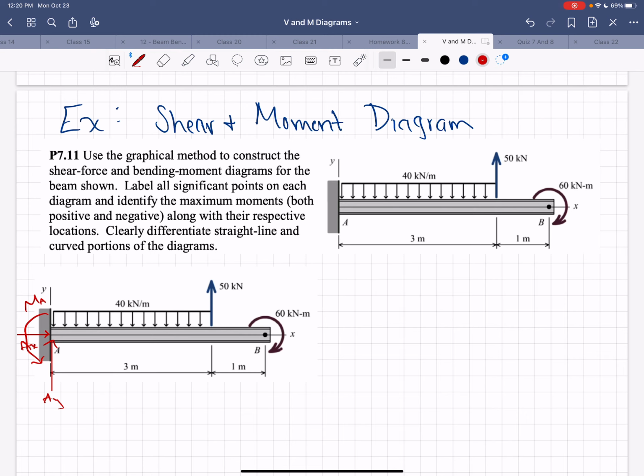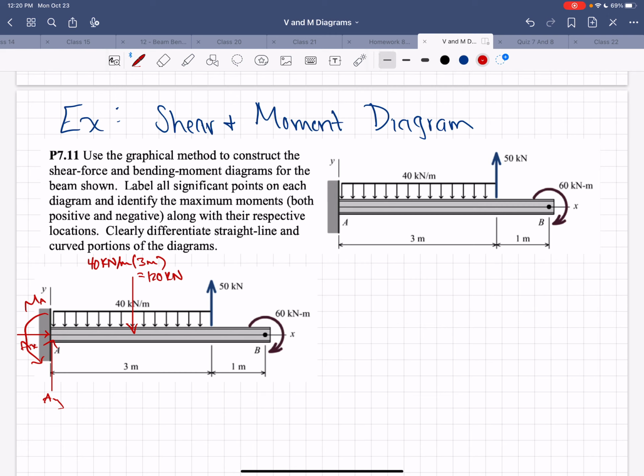So 3 reactions at A. Then to calculate those reactions, we're going to turn this distributed load into a point load just for that purpose. So it will be 40 kilonewtons per meter times the 3 meters it acts over, and it'll be 120 kilonewtons.